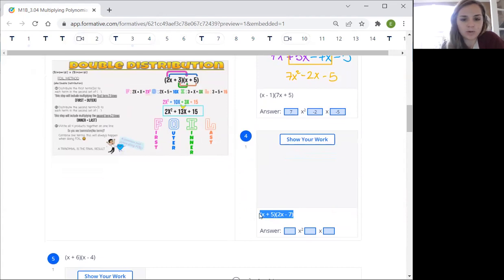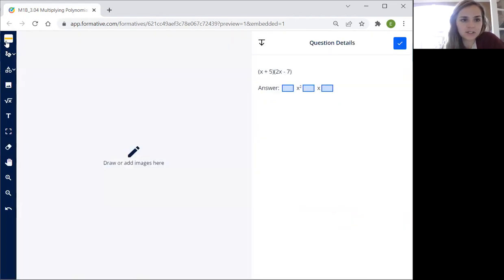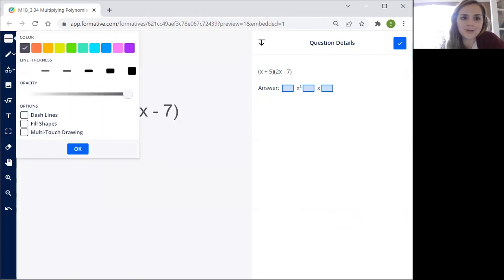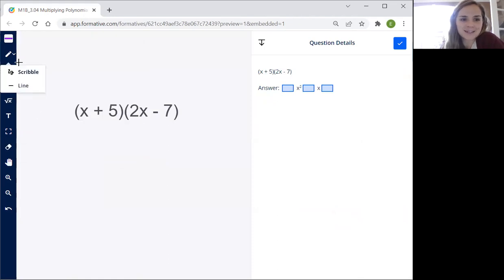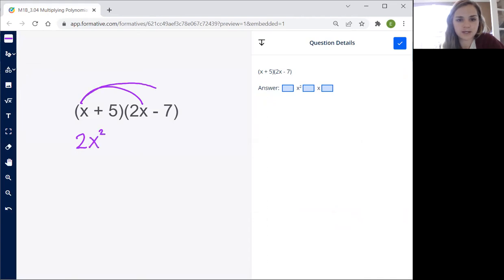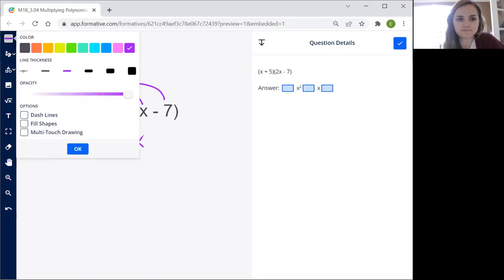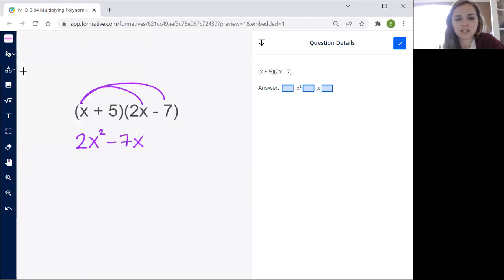Okay, here's the next example. Again, make sure you copy paste it into your show your work box. Make sure you're following along with me just like a normal day. Okay, we want to distribute the x first. So x times 2x is 2x squared. X times -7 is -7x. Then we've got to distribute the 5. So 5 times 2x is plus 10x.